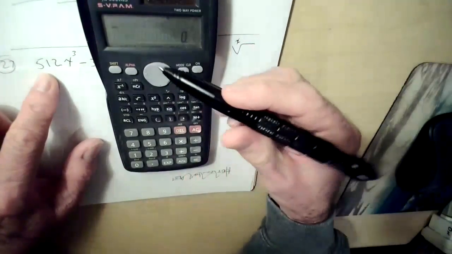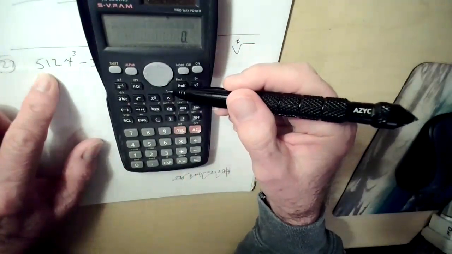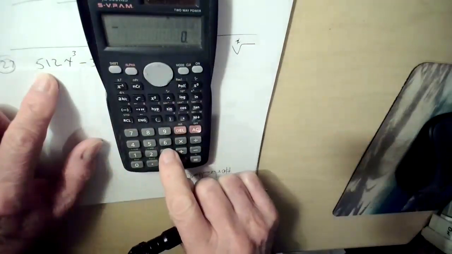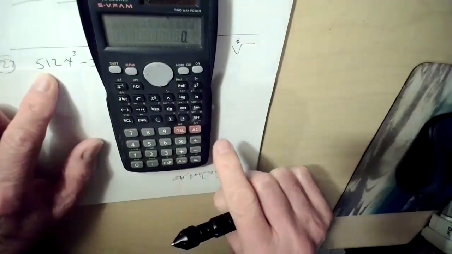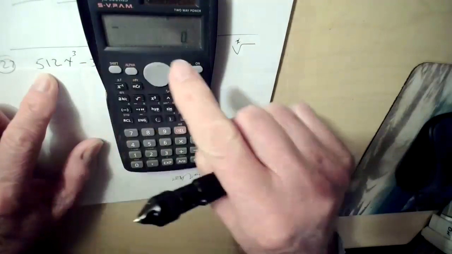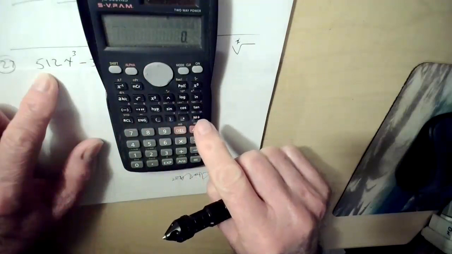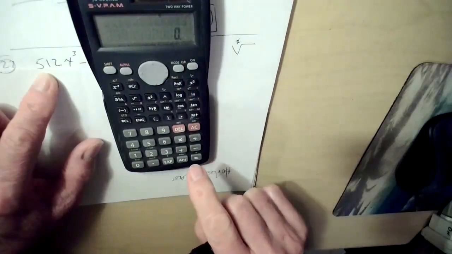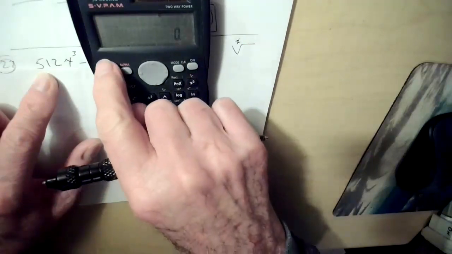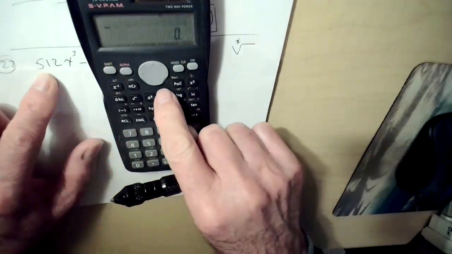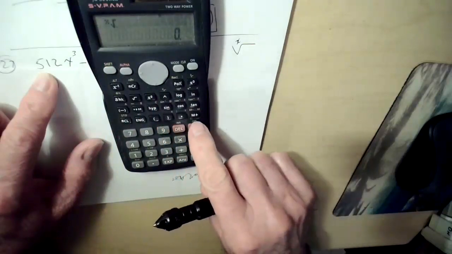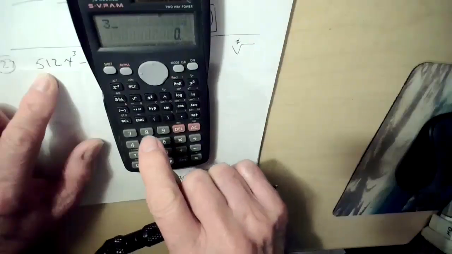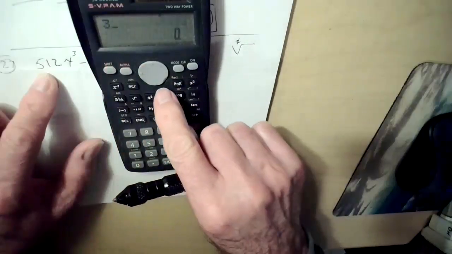So if we want to know what the cube root of 512 is, we hit the orange key.